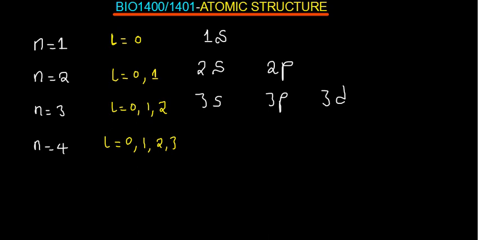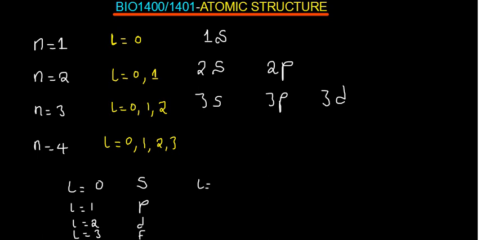So every time we see L is equal to 0, this is called an s orbital. When L is equal to 1, this is called a p orbital. When L is equal to 2, this is called a d orbital. When L is equal to 3, this is called an f orbital.